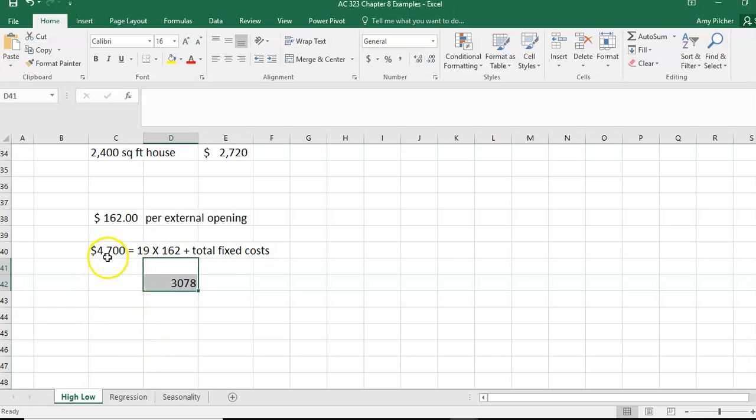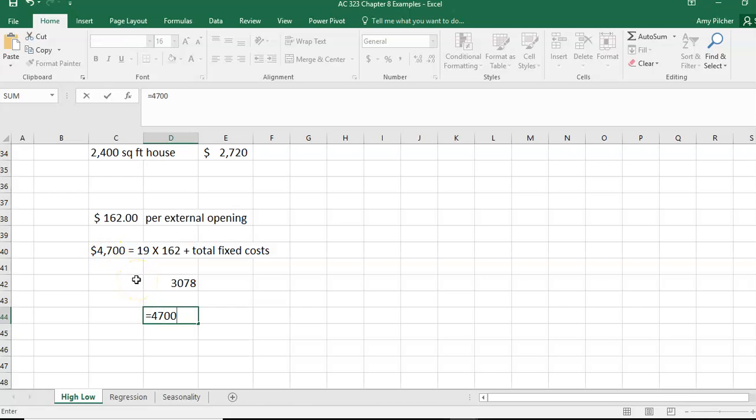So we need to take $4,700 minus $3,078 to get our total fixed costs of $1,622.